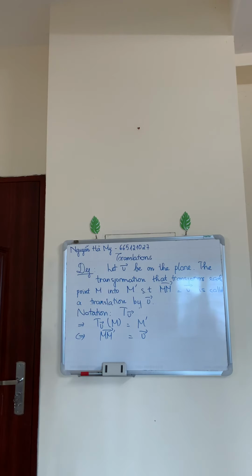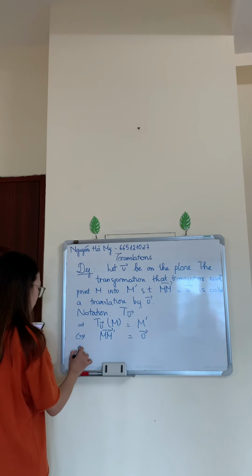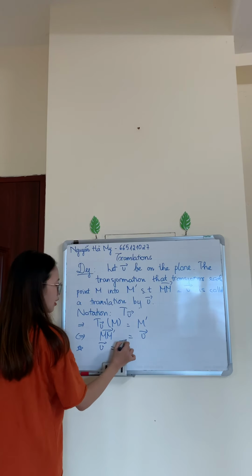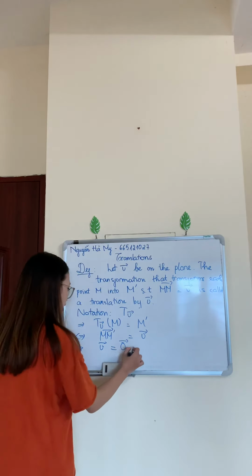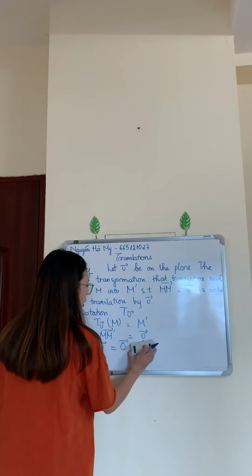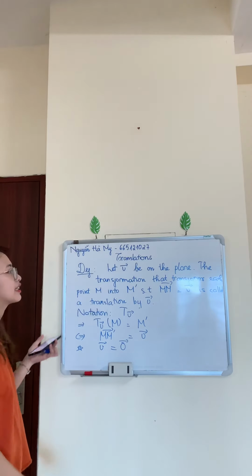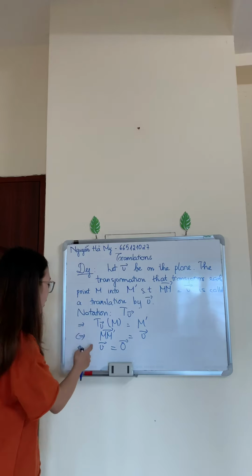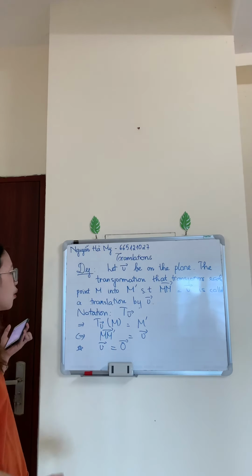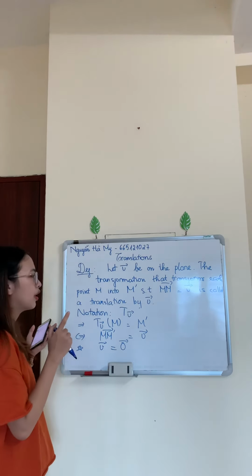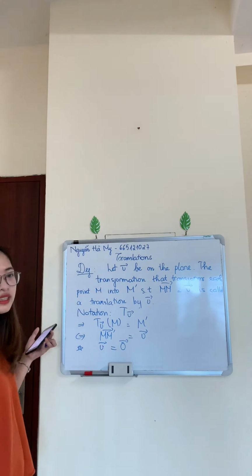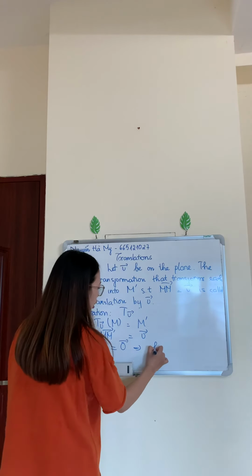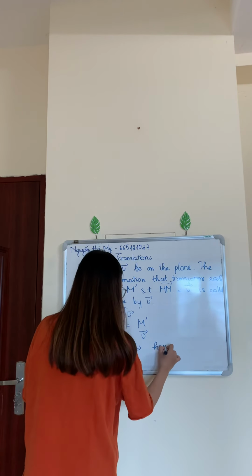One more question: in case vector v equals 0, which transformation is this translation? When vector v equals vector 0, point M and point M prime are the same, so we call this translation the identity.